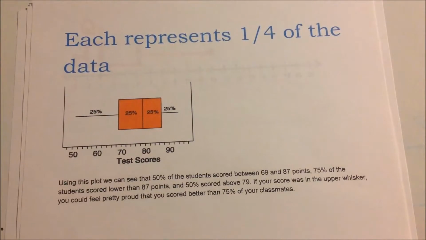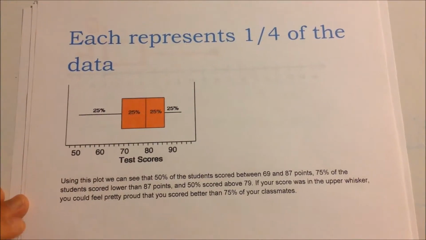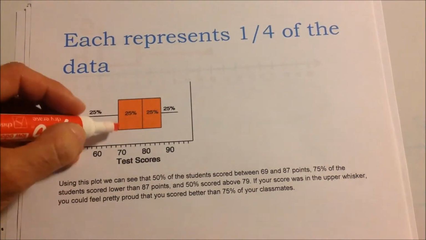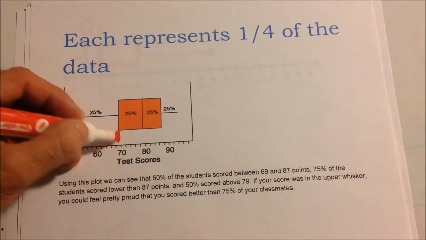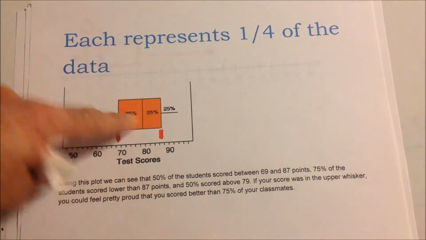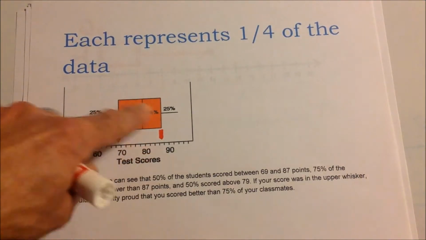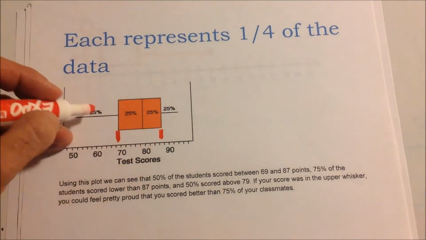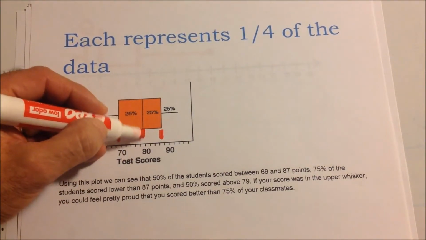Okay? So let's look at these test scores. If I said 50% of the students scored between 69 and 87, okay, so let's say that's 69 right here, and that's 87. Within that box is 50%. That's why we say 50% scored within that range. Let's say we'll make that 80.